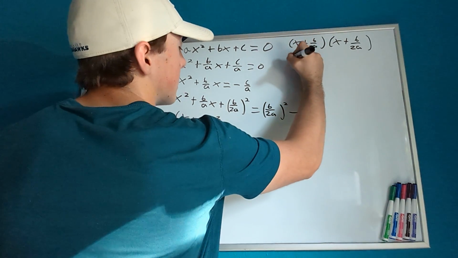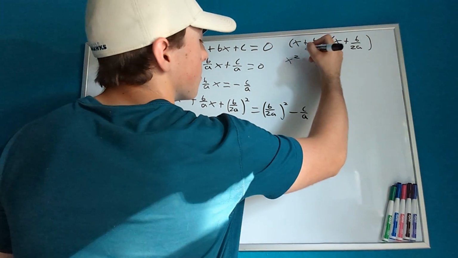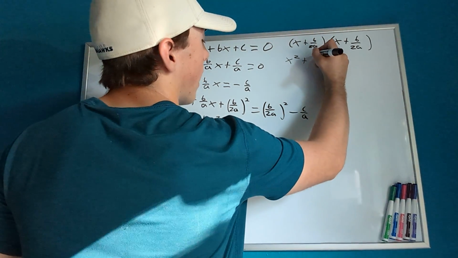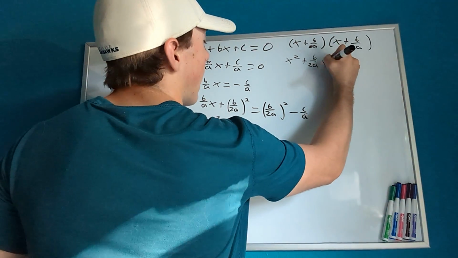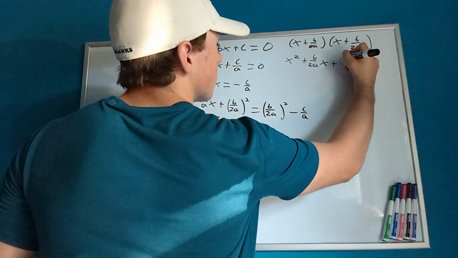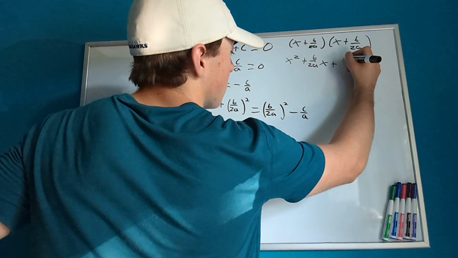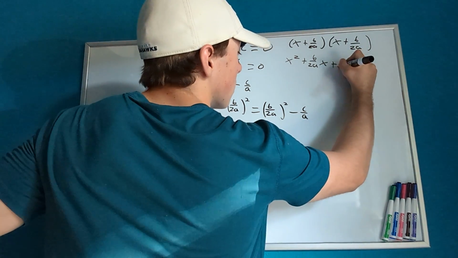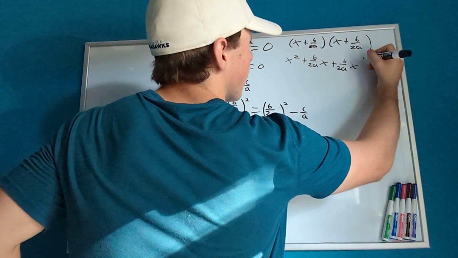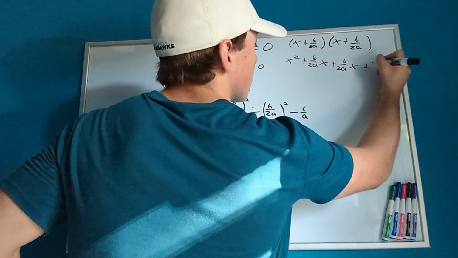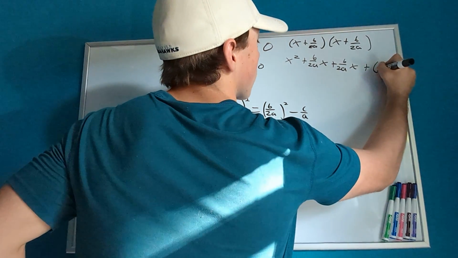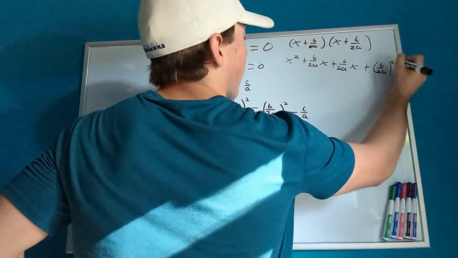x times x is x squared. x times b over 2a is b over 2ax. b over 2a times x is b over 2ax. And then b over 2a times b over 2a is b over 2a squared.